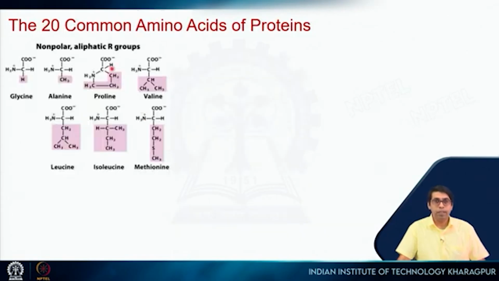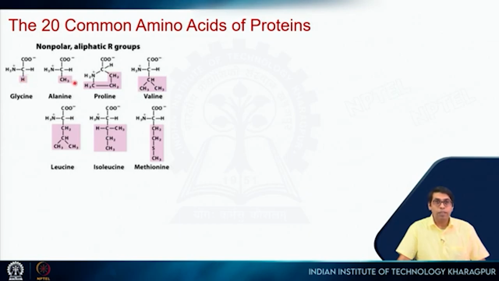As I said, there are 20 common amino acids of proteins, and they can be grouped into different groups depending on the nature of the side chain. The simplest amino acid is glycine. In glycine, R is hydrogen.